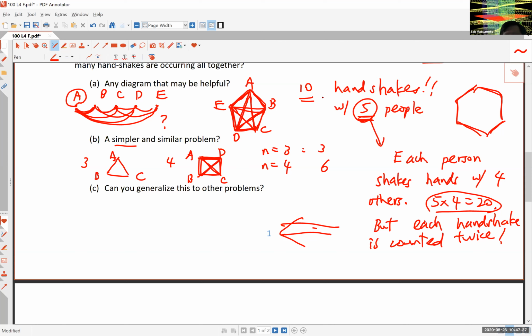Now, does that work? If you start with n, each of these people shakes hands with n-1 other people, but that's counting every handshake, or every game, twice. So double counting. You have to divide by 2. That seems like a formula which works.